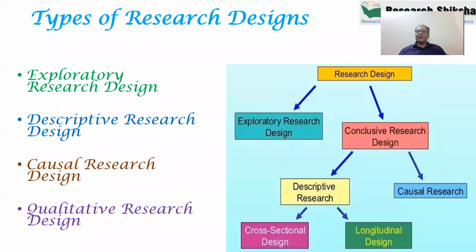Otherwise, some books keep it in the exploratory category. But now the area of qualitative research design has increased, and we have so many techniques which we can incorporate in the qualitative research design that we are going to discuss today. So I hope you have an idea of what we are going to discuss today.